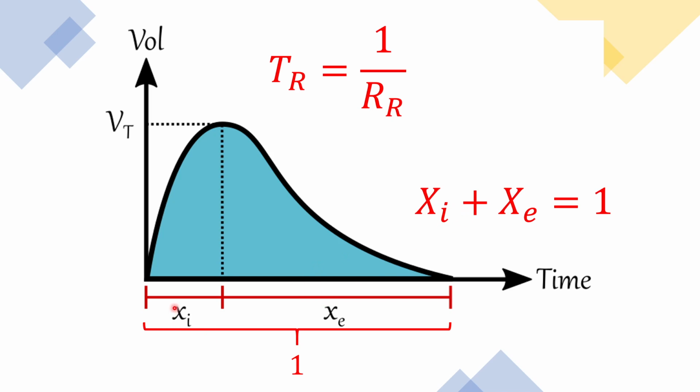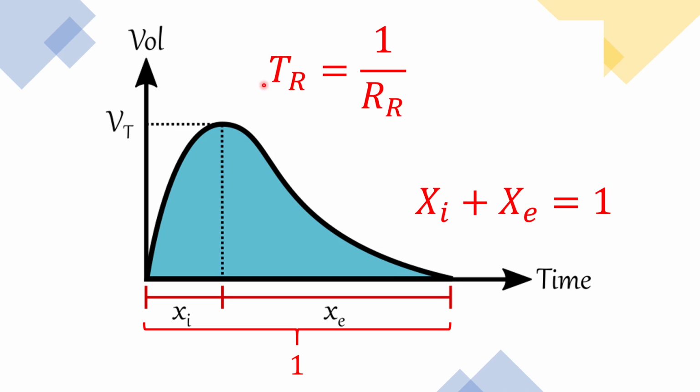So here, this chi, or x, basically means the fraction of. The fraction of the cycle that they're in inspiration is xi, and the fraction of the cycle that they're in expiration is xe, and these must sum up to 1. Usually people are about 1/3 in inspiration and 2/3 in expiration, so this number would be 0.33 and this number would be 0.67.